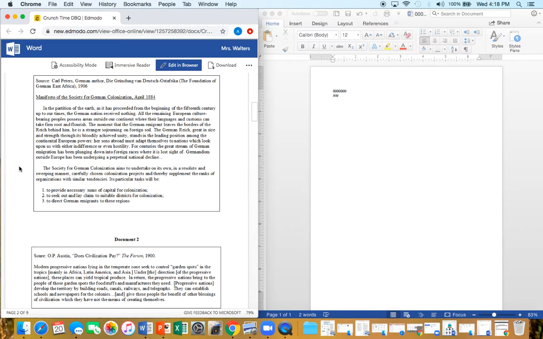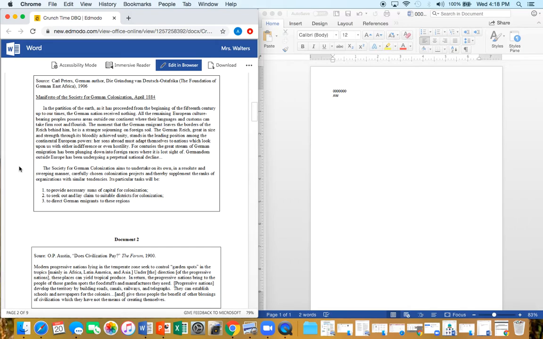the continental European powers. Her sons abroad must adapt themselves to nations which look upon us with either indifference or even hostility. For centuries, the great stream of German immigration has been plunging down into foreign races where it is lost sight of. Germandom, outside Europe, has been undergoing a perpetual national decline.